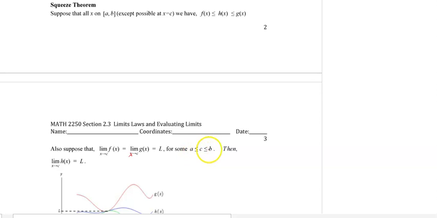So in this interval, the point c that we're interested in is within the closed interval.